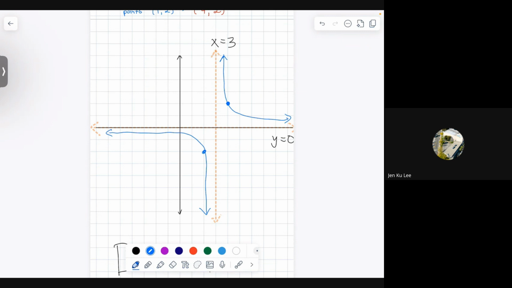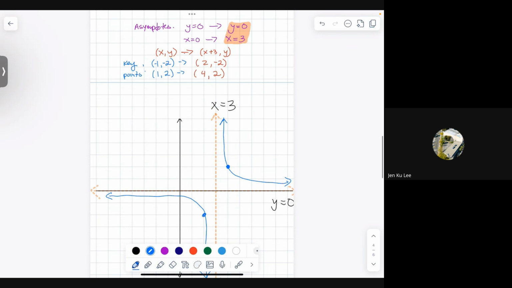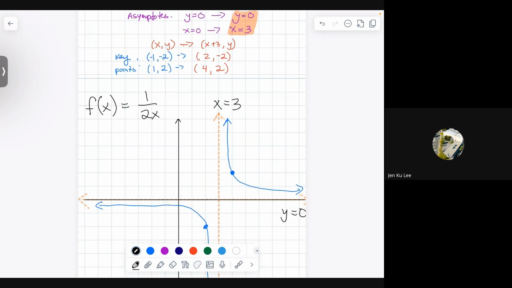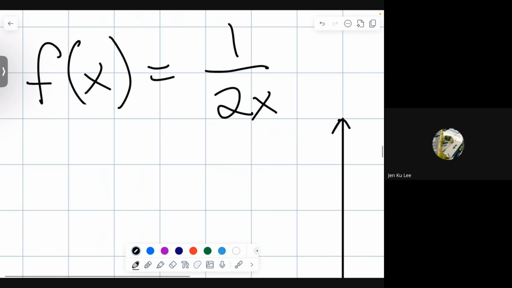So what I'm saying is, if I have a function, I'm just going to talk about it because now I believe we are good. I have 2x, right? Instead of thinking vertical or horizontal compress, I'm going to make this into 1/2 times 1 over x.